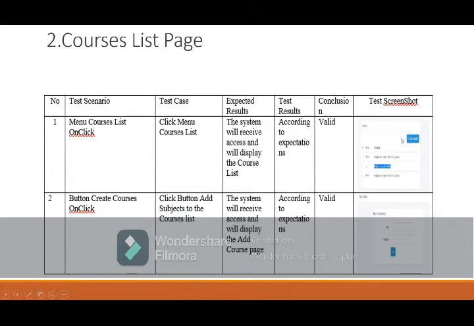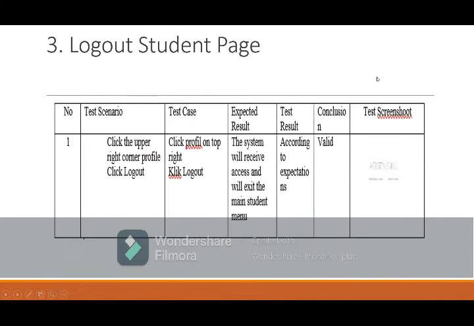And there are the test screenshots for the 2 different test scenarios. The third is logout student page. For the logout student page, there is 1 test scenario. The case is click profile on top right and click logout. The conclusion is valid, and there are the test screenshots.